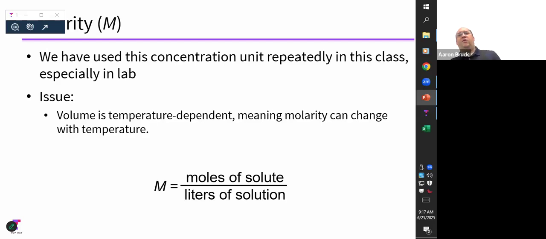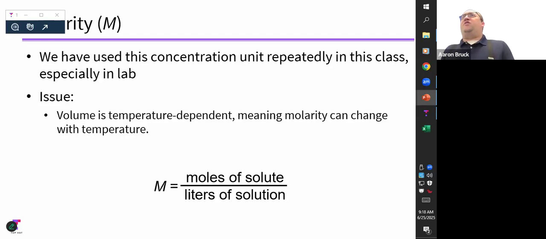The primary issue with molarity, why it cannot be used universally in all situations involving chemical processes, is this. There is a temperature-dependent component of molarity. Moles are not temperature-dependent. Moles are related to mass, mass is related to matter.